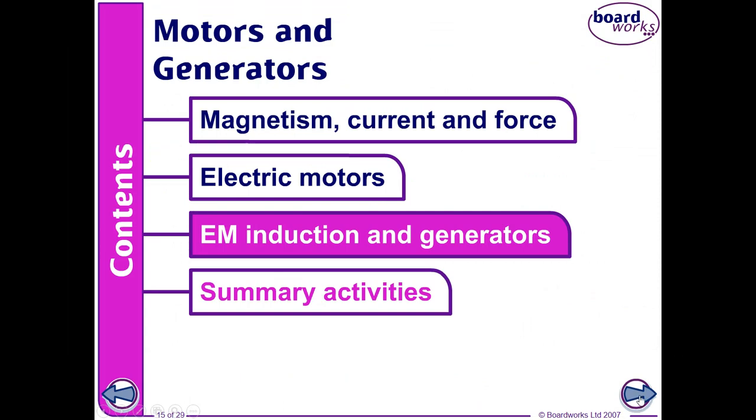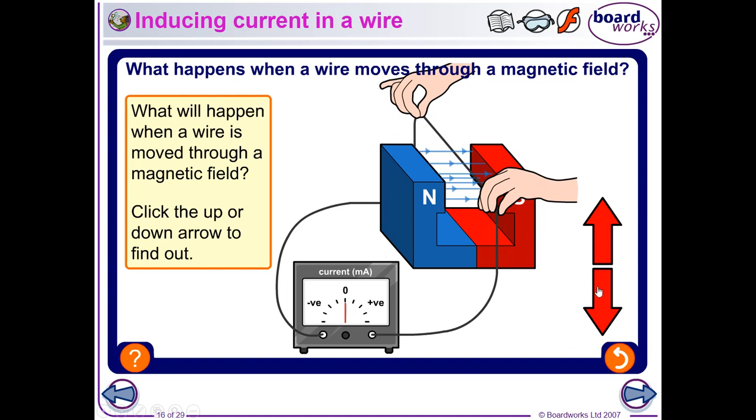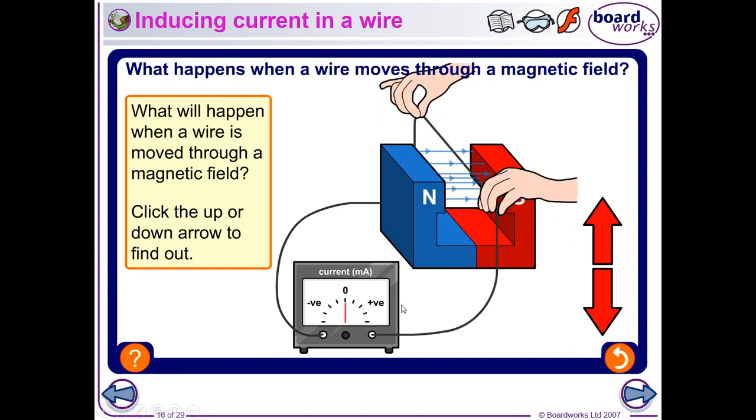And now we're going to go into induction and generators. So what happens if, instead of having a current moving through a wire that's in a magnetic field, we move the wire in the magnetic field and we get a current? So we've got movement, field and current.